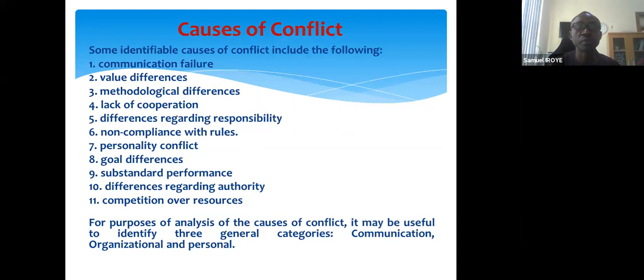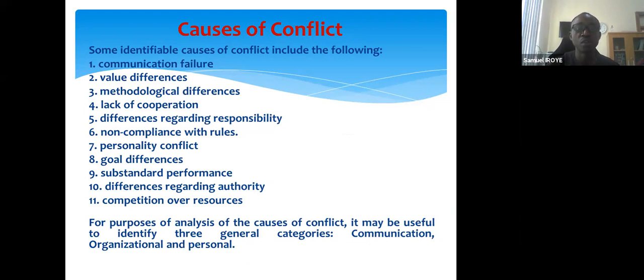Let's proceed. What are the causes of conflict? Almost all the definitions we are given itemize the causes of conflict. So let's look at some of those factors that can provoke conflict in a given relationship.